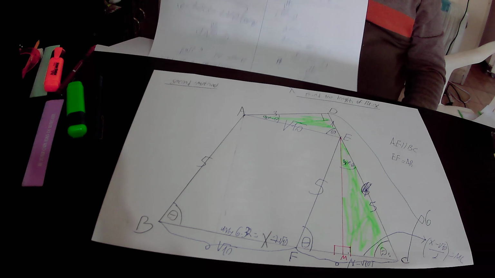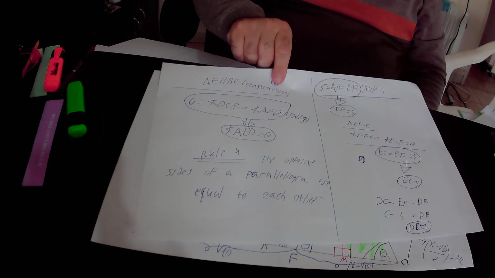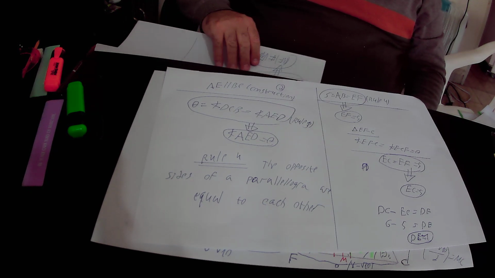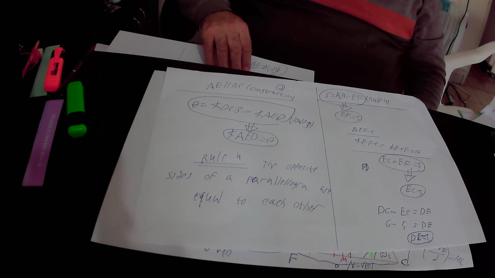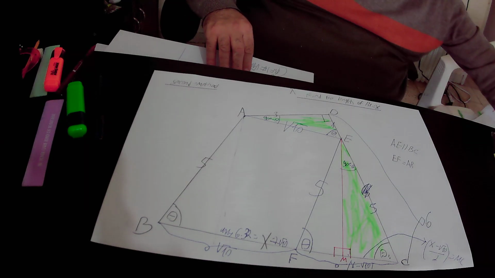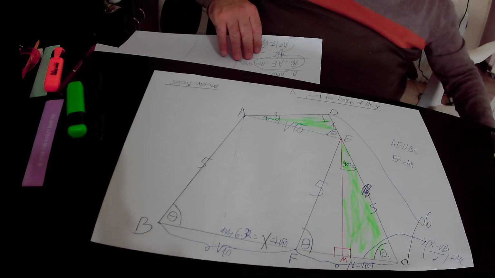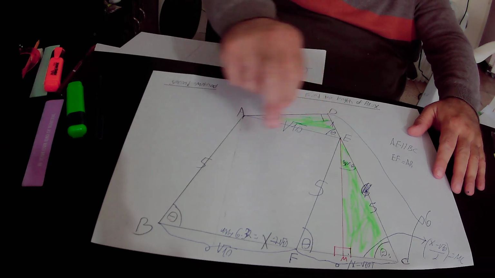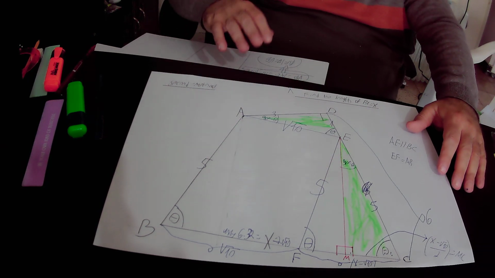Okay, then I presented to you rule number 4. According to rule number 4, the opposite sides of a parallelogram are equal to each other. So here, in parallelogram AEBF, the opposite sides are equal to each other.